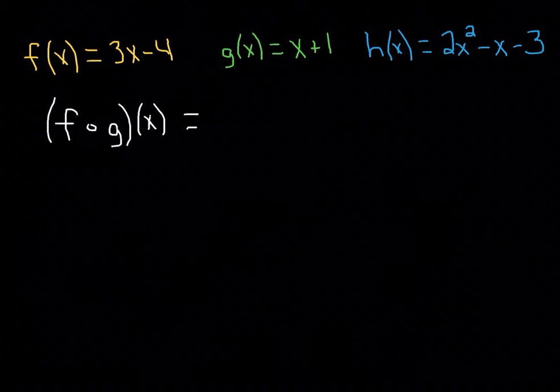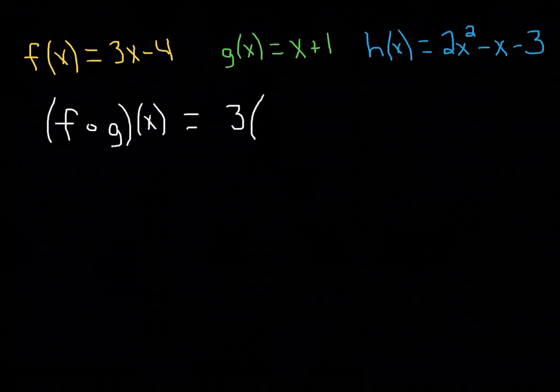In this particular example, I have three functions: f of x equals 3x minus 4, g of x equals x plus 1, and h of x equals 2x squared minus x minus 3. If I'm doing the composition function f of g of x, and I don't have a value here for x, then what you simply do is you take g of x and you plug it into f of x. So f of x is 3x minus 4. So I write out 3, but anywhere I see an x, I plug in my g of x.